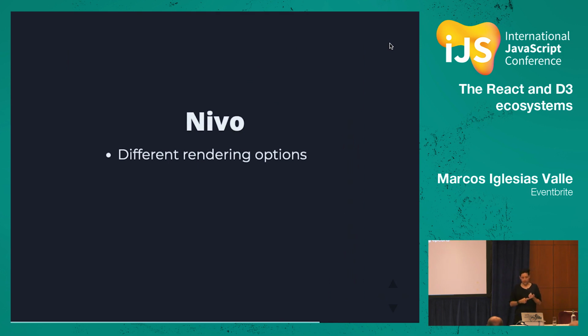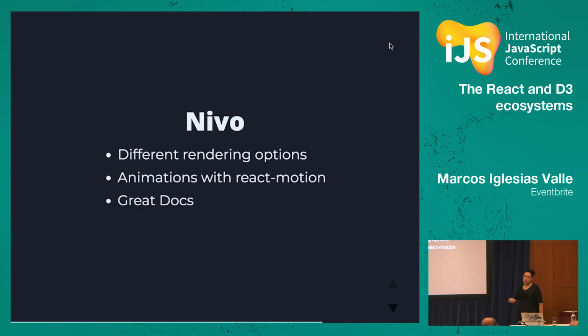So you can have SVG, Canvas, and they have an API for rendering HTML. So you can use it for server-side rendering, or even add it to emails. It uses React Motion, and it has really good, really nice docs. It has a lot of interactive things, so you can change things on the side, and then you will see how it looks.